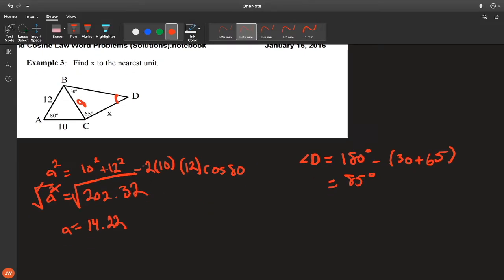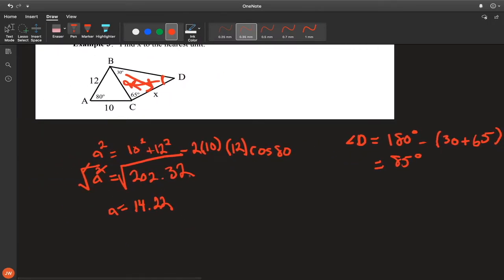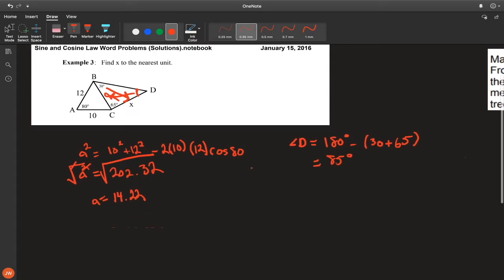Now I'm looking at this. I have an angle and an opposite side, and I have an angle and an opposite side. So I can use sine law. Let me zoom out a little bit and go down here.